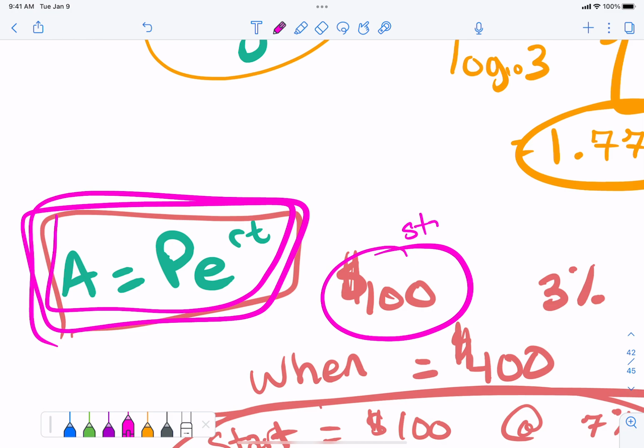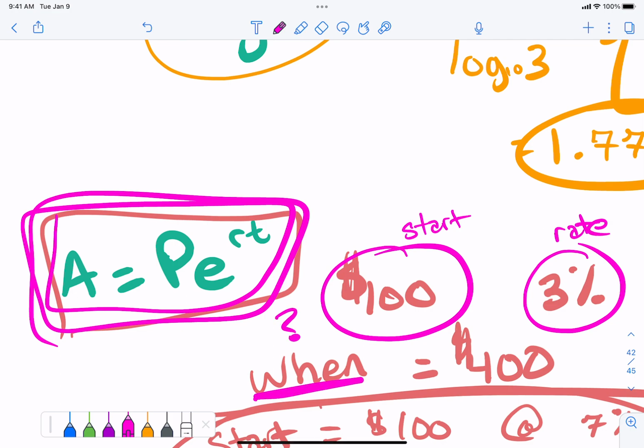This is your start value. 3% is your interest rate. I want to know when it will become $400. So you're solving for when. Plug them in and figure out how to solve for when. When will it become 400? Try it and then I'll go through it with you.